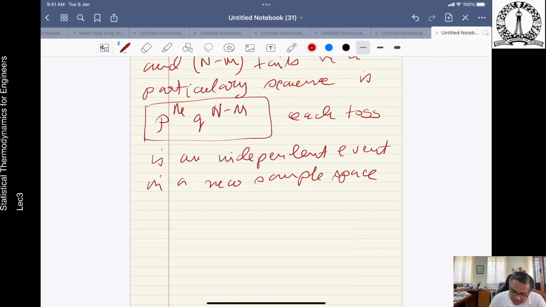Why is this possible? That is because each toss is an independent event in a new sample space.